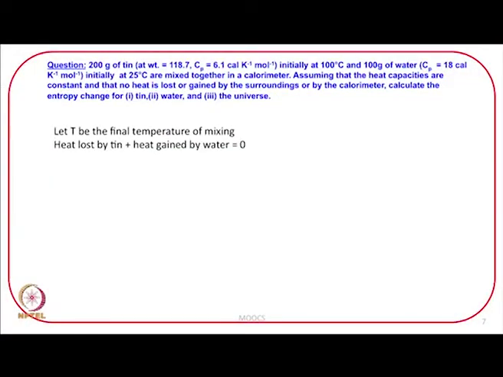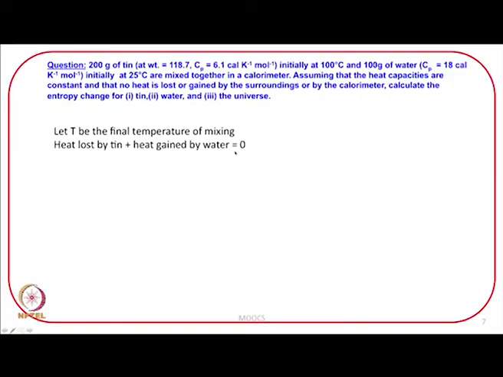How do we calculate the heat loss and heat gain? Let T be the final temperature of mixing. We will use this equation: heat lost by tin plus heat gained by water is equal to 0.